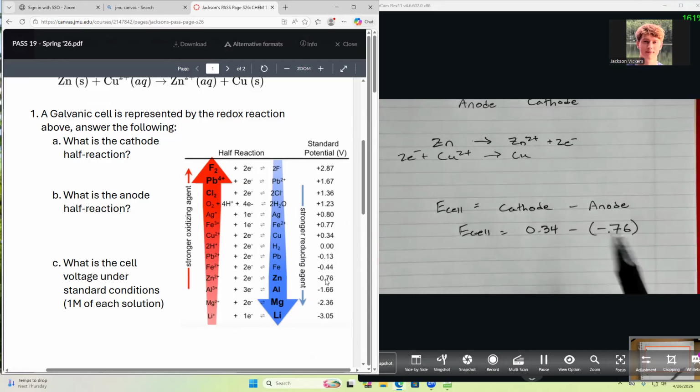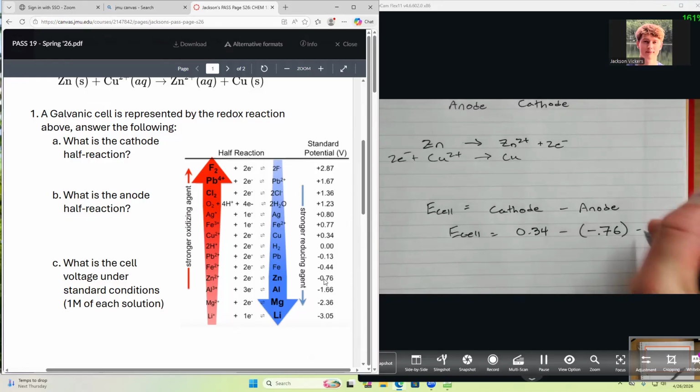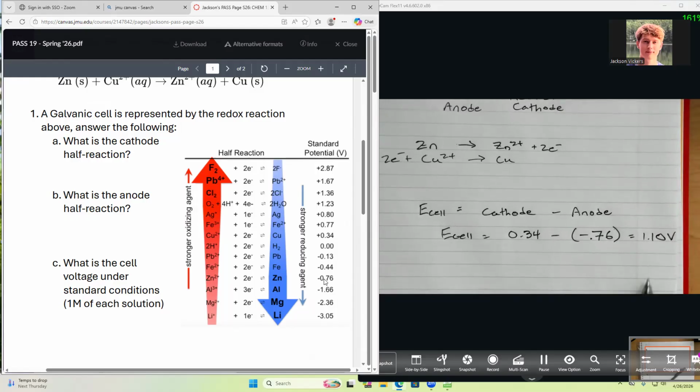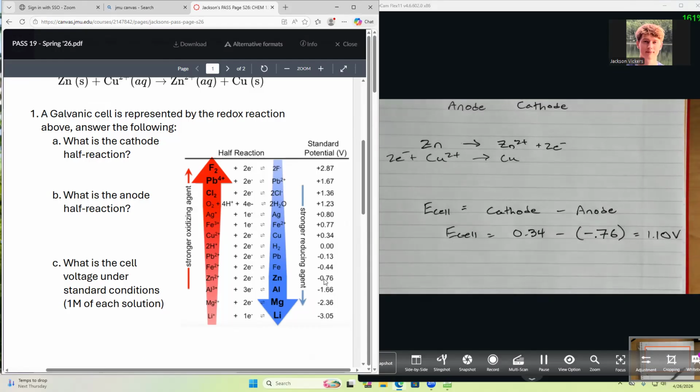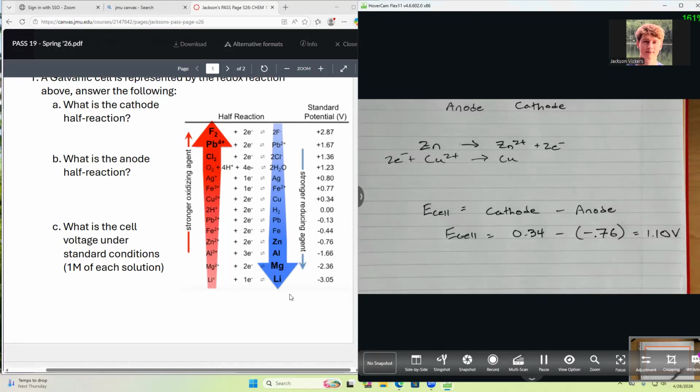But we need to keep that negative in there when we do this formula, because something really important about galvanic cells or voltaic cells, which are the same thing: this E cell, if it's ever a negative number, something went wrong. So we find that this ends up being 1.10, and the unit is volts. It's always going to be volts. That's some physics thing talking about electricity.